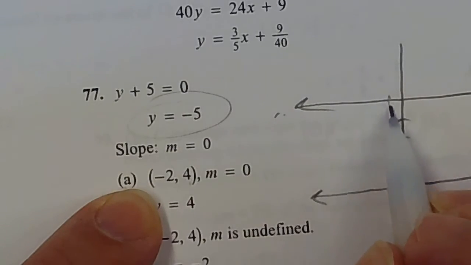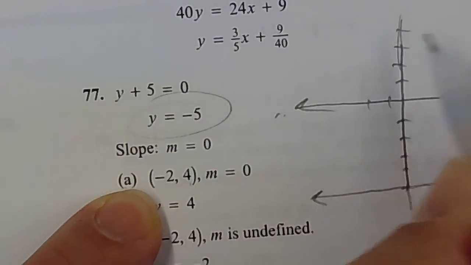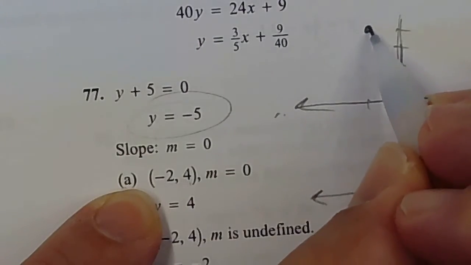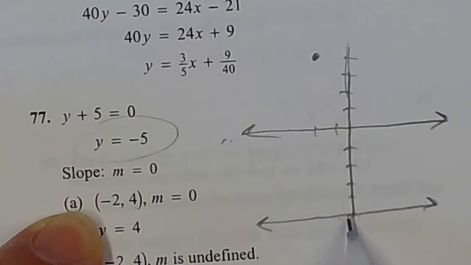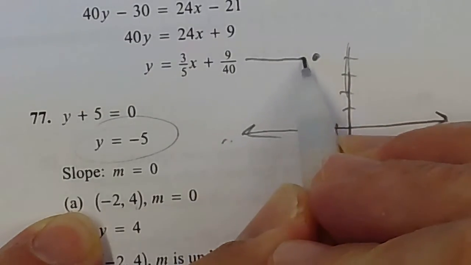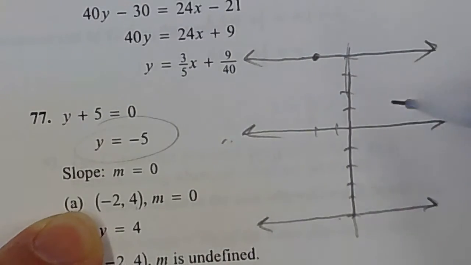Well, let's plot -2, 4. 1, 2, 3, 4. So it goes through that point, but it has to be parallel to this. If it has to be parallel to this, then it has to be another horizontal line. So what's the equation of this line? It's y equals 4. See, I'm going through at y equals 4.